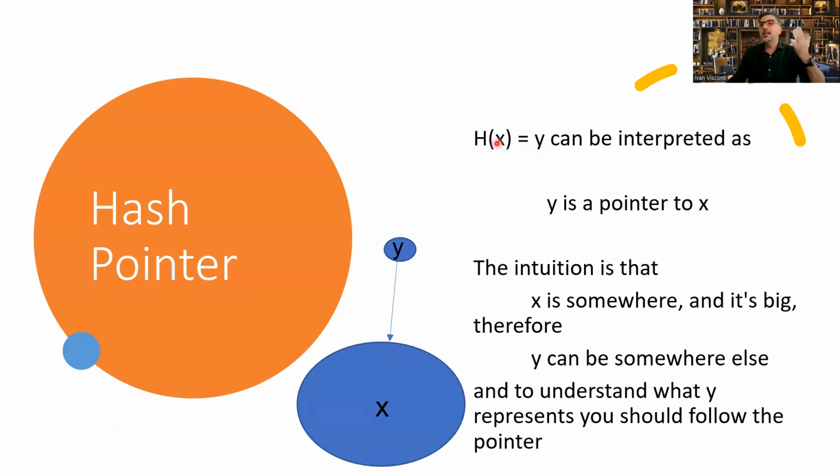Nobody will ever be able to find an x prime that is mapped to the same y, right? So once you compute y, you are locking x. So y is a short representation of x. And therefore, you can think of y like a pointer to x, okay, intuitively. Y is a reference to a larger piece of information, and that's the only possibility. There is no x prime that can correspond to y because nobody can find it.